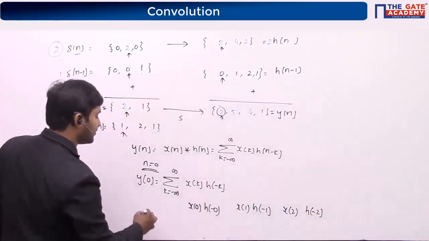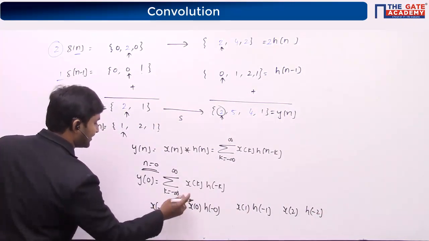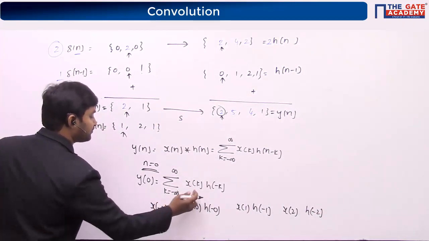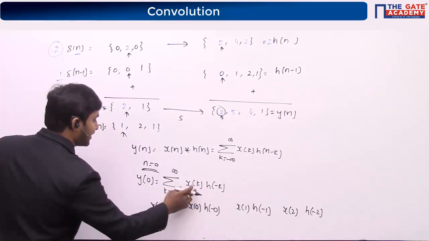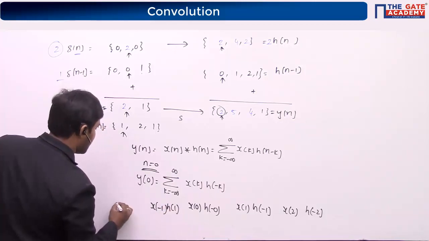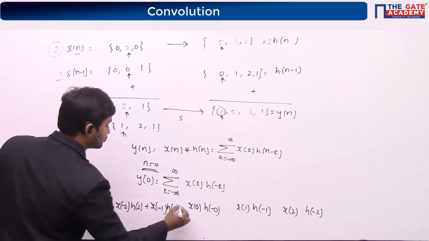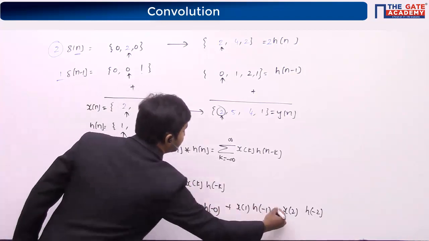On the other side, if I take k equal to minus 1, x of minus 1 into h of 1, x of minus 2 into h of 2, and of course because of the summation we are just adding them together.